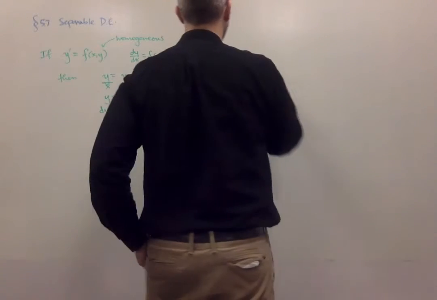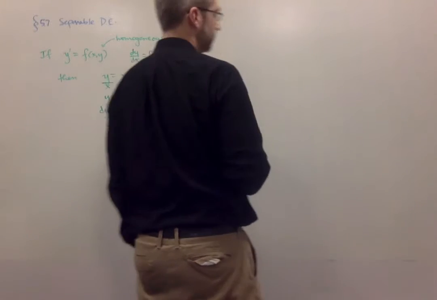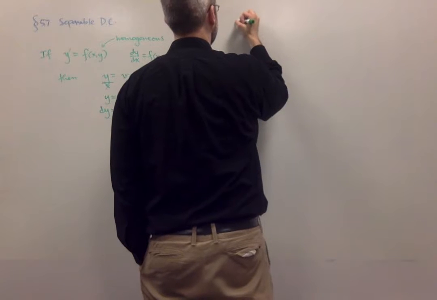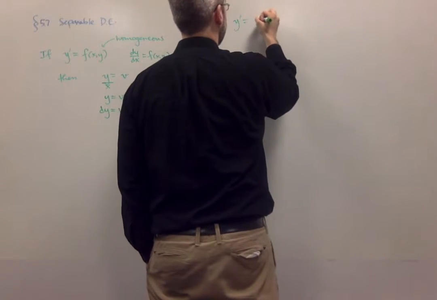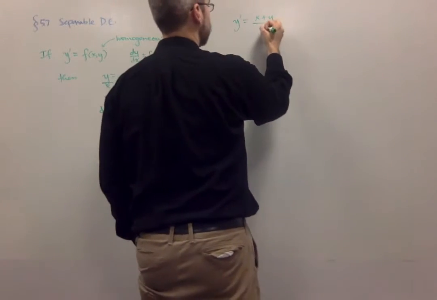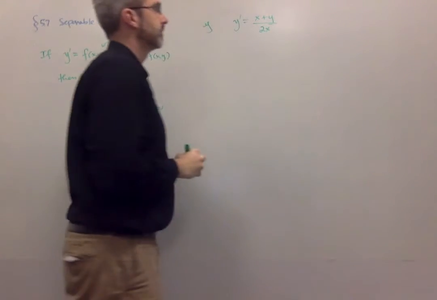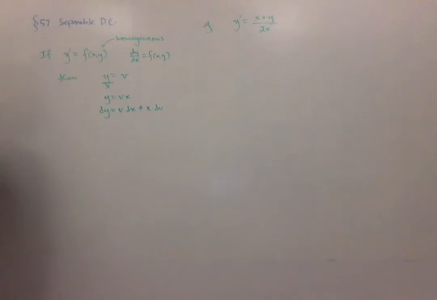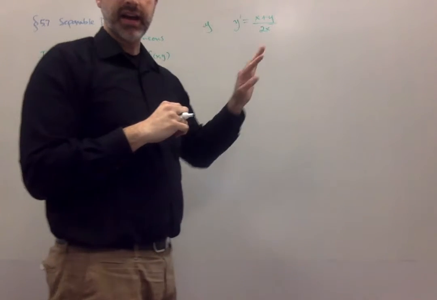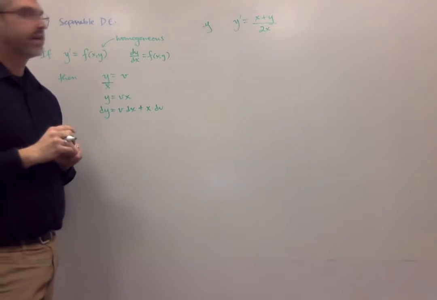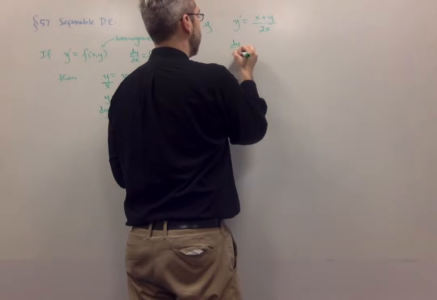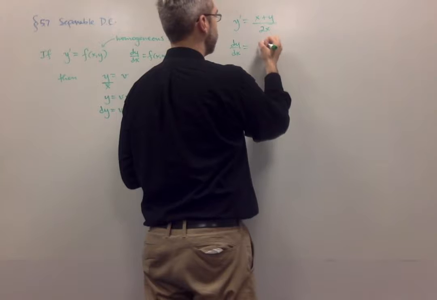Okay? So let's just take an example here. All right. Let's do y prime equals x plus y over 2x. Okay. Now, one thing to notice right away is that this equation right here is not separable. You actually can't separate it. Okay, if we were to try, let's go ahead and write it as dy over dx.